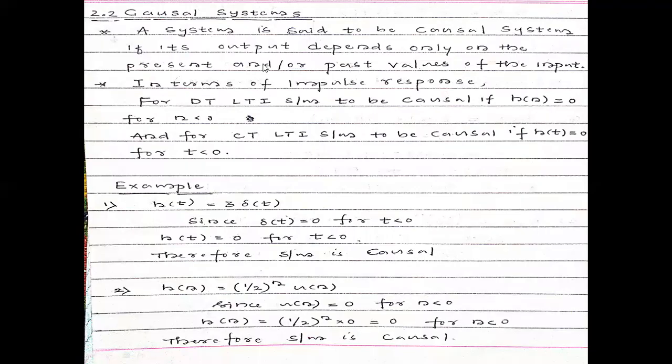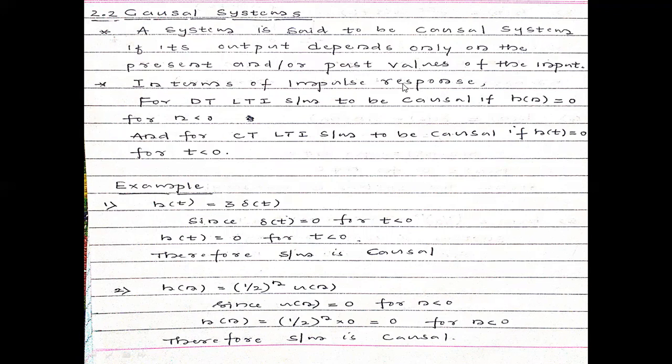Coming to the second property of the system, that is the causal system. We know that a system is said to be causal if its output depends only on the present or past values of the input.